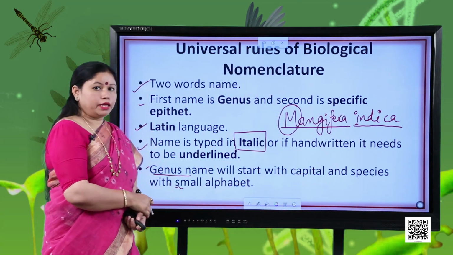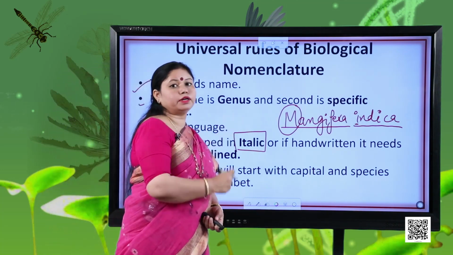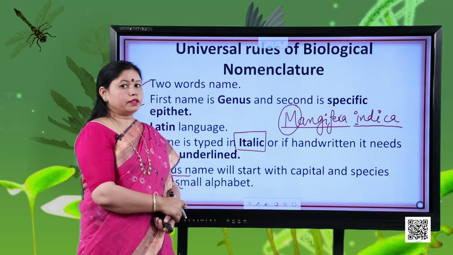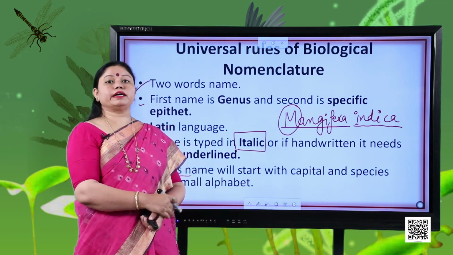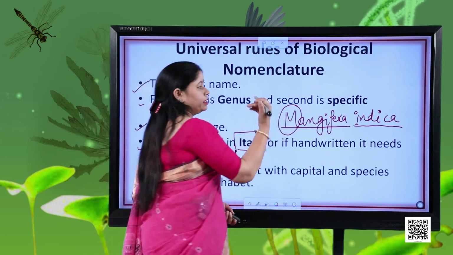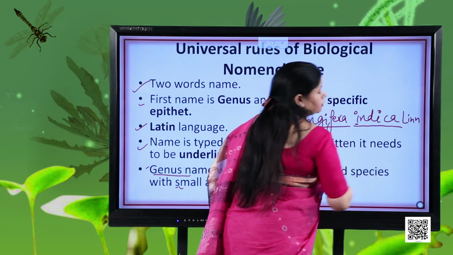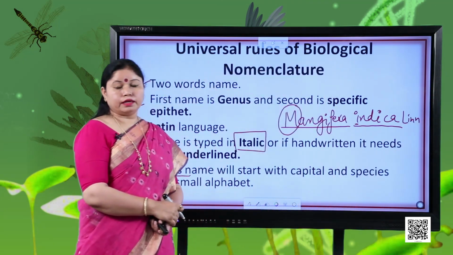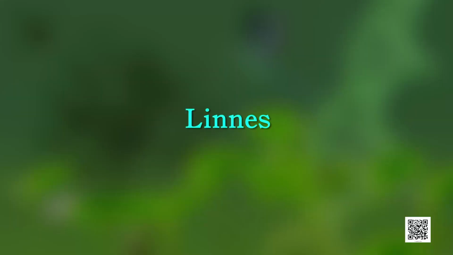Many a time you will observe there is a third word along with the biological name. That is the abbreviated name of the scientist who described that species. For example, if I write this with a name, that represents that this organism was given its name by Linnaeus.